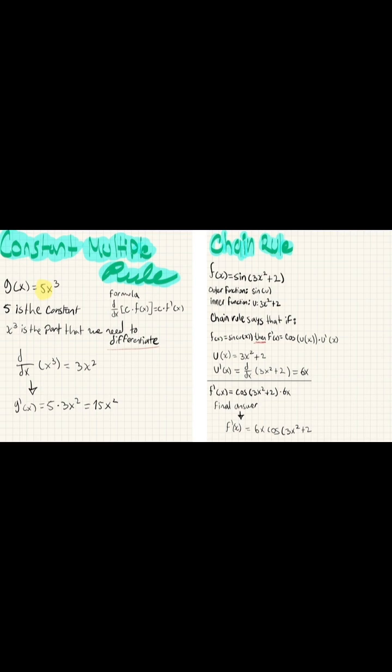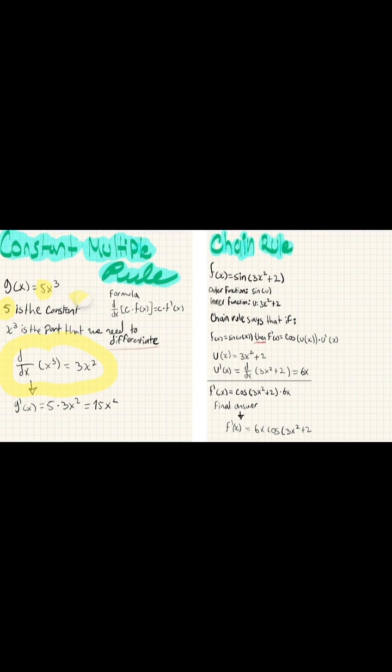And the rule is super simple. You just have to pull out the constant and differentiate the power. So we are going to first pull out the constant and differentiate the power. Then the first step is to spot the constant.